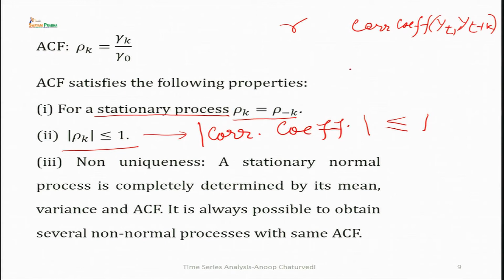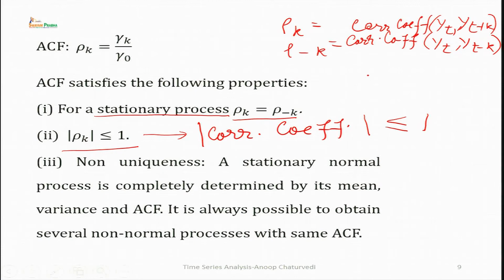This is your gamma k, rho k. And rho minus k is equal to the correlation coefficient between y t and y t minus k.